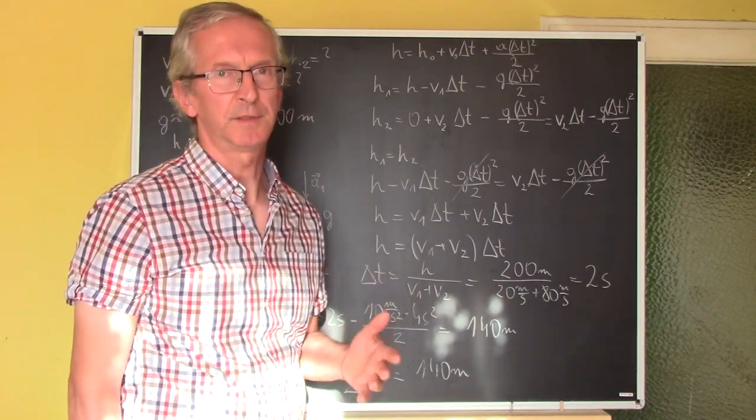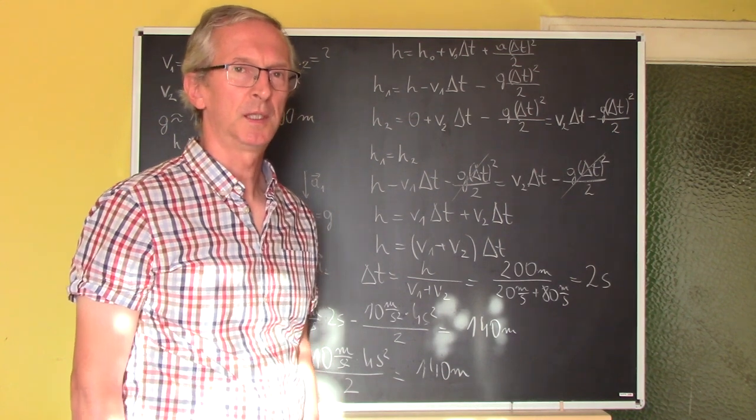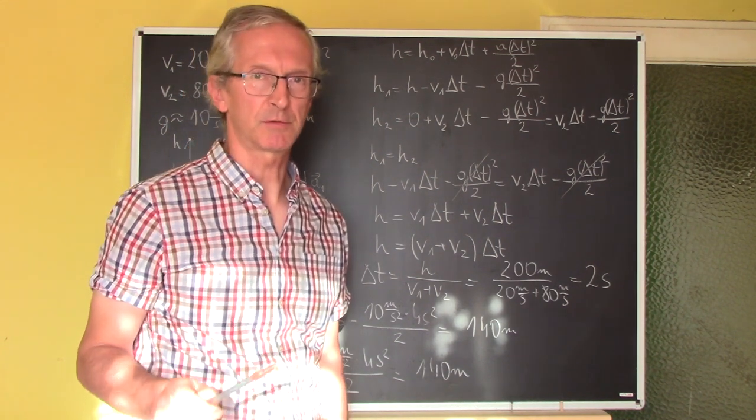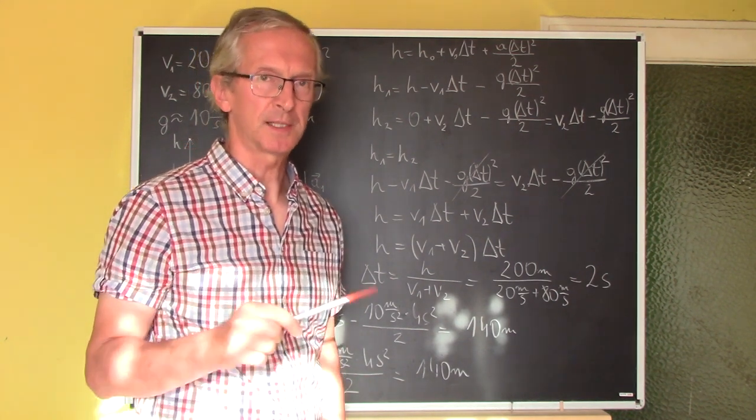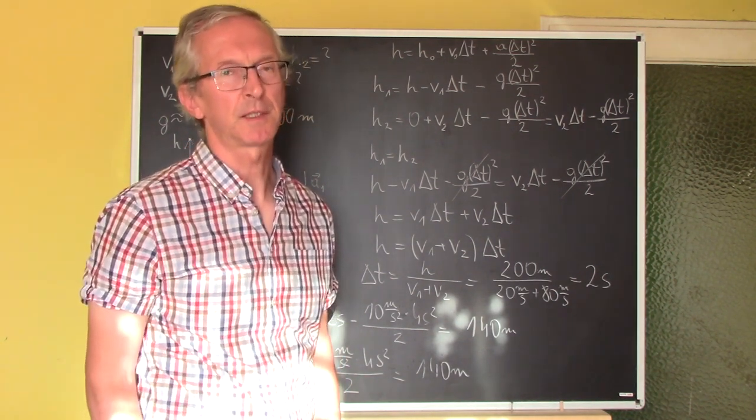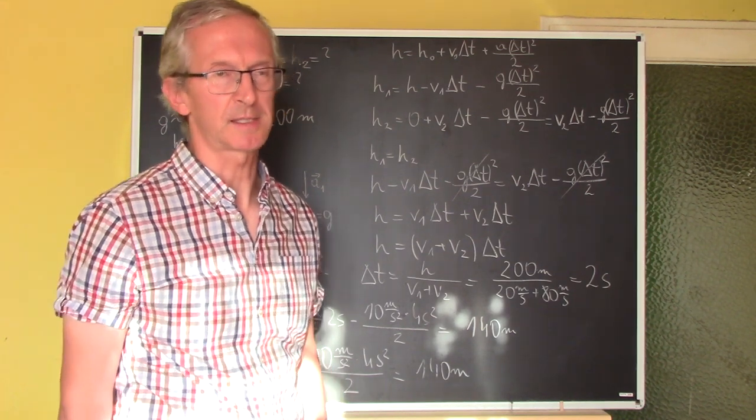The coordinate of the vector is equal to plus the magnitude of the vector if the vector is directed the same as the axis, or minus the magnitude of the vector if the vector is opposite to the axis.